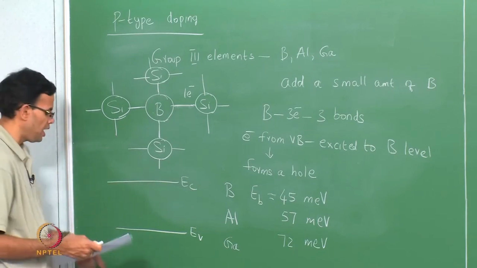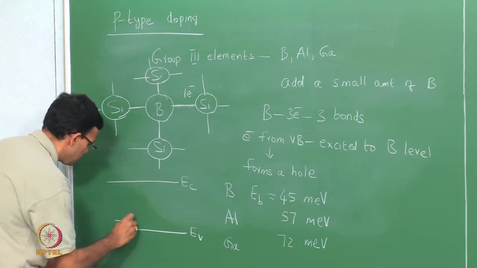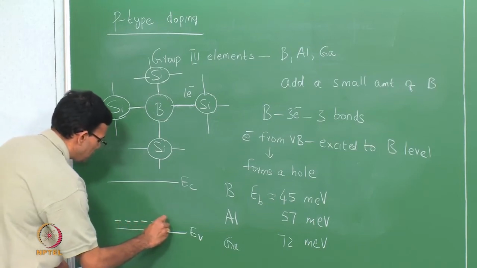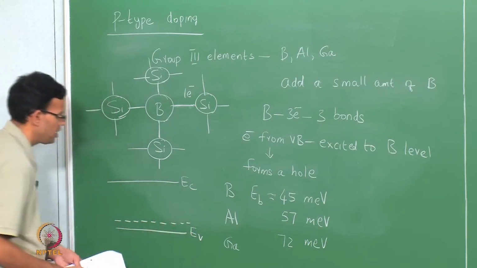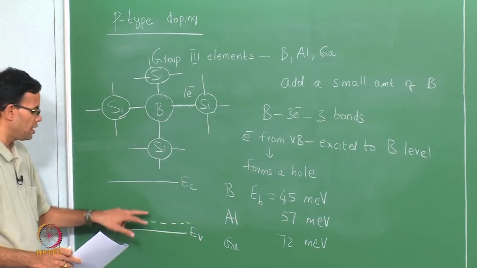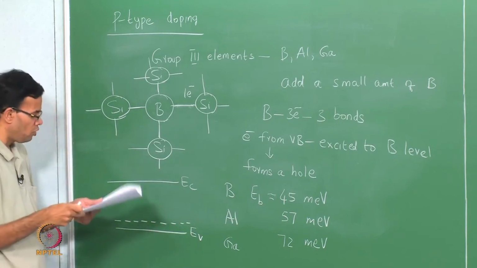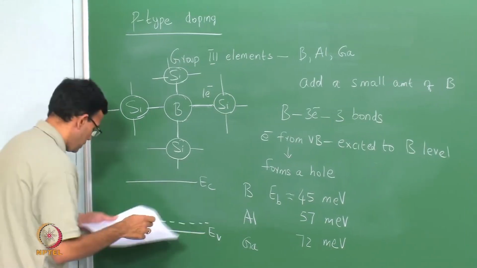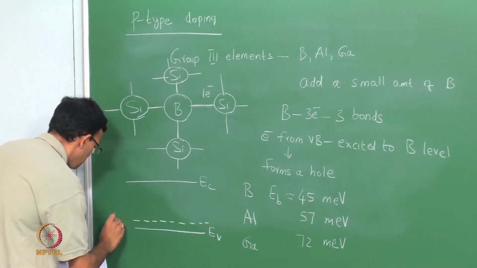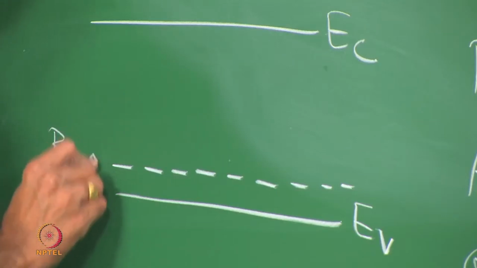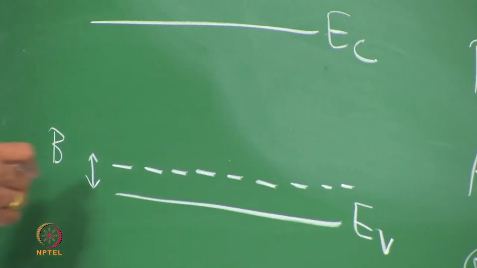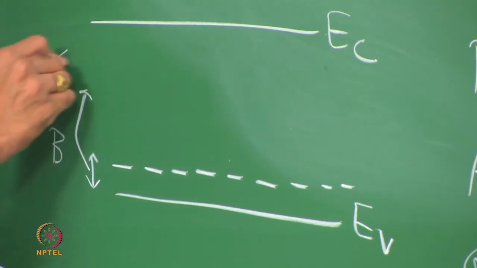In the case of p-type, they are localized levels very close to the valence band, so that an electron from the valence band can be excited to the boron or the acceptor level. So, this is boron and the energy gap between them is around 45 milli electron volts.